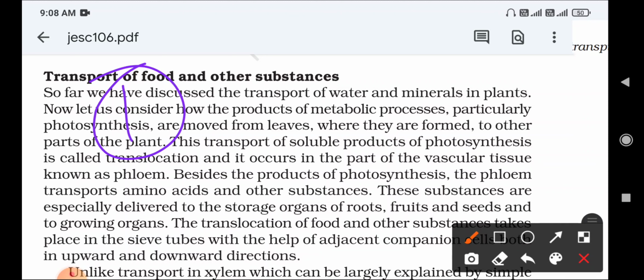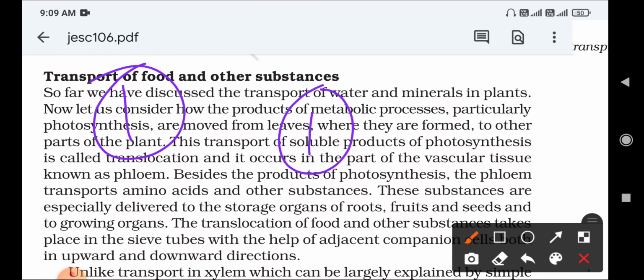So how is the product of photosynthesis transported in the aerial parts of the plant? We can easily say that it is by translocation through the phloem. By the phloem, the food particles, the products of photosynthesis, are transported easily. By the xylem, water and minerals are transported in higher organized plants.